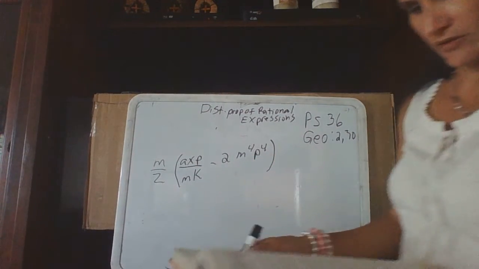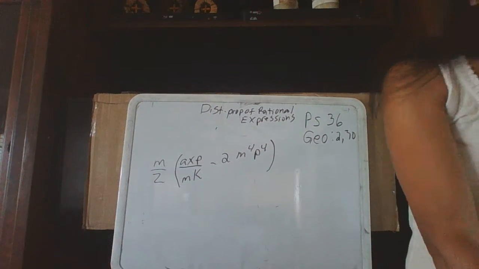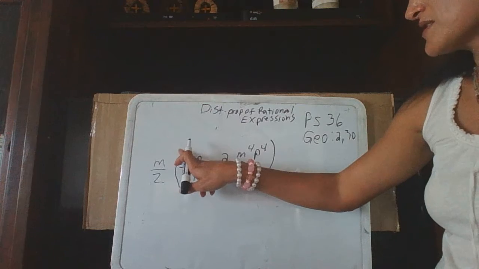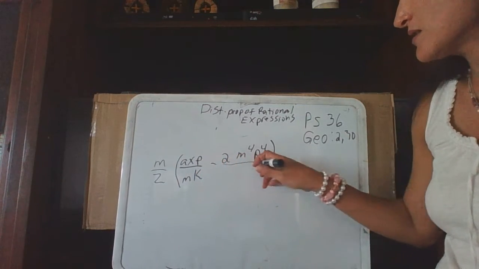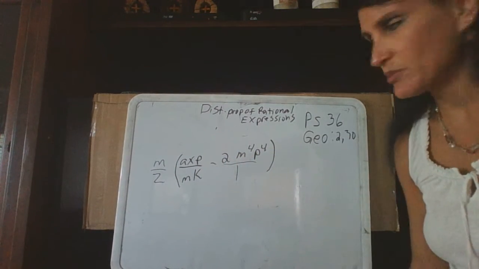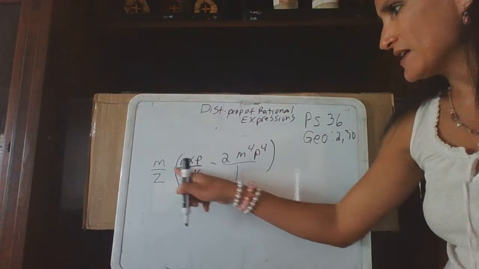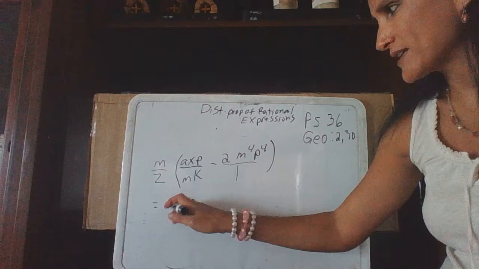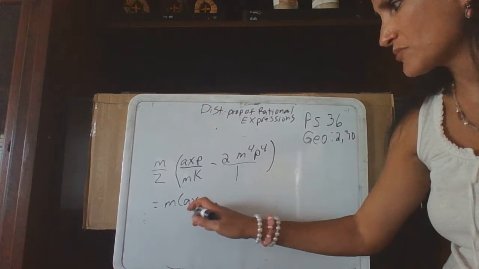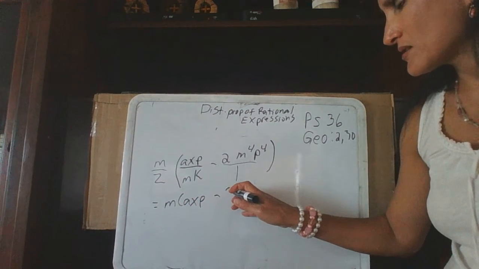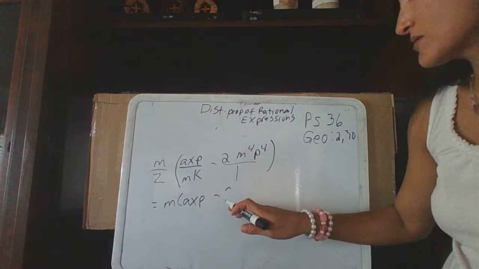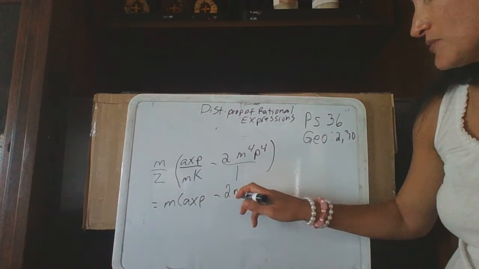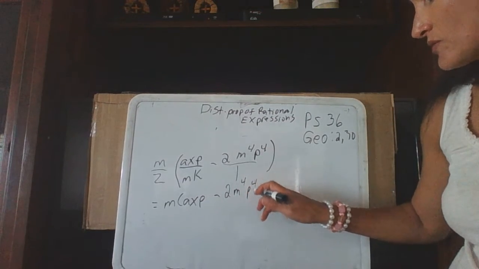Okay, so following the logic that I had before, I'm going to split this, so I'm going to create two fractions, okay? I'm going to put a 1 in as a denominator, and then I'm going to see that the m is only being multiplied to the top, so I'm going to rewrite this as maxp minus 2m to the fourth, p to the fourth, okay?